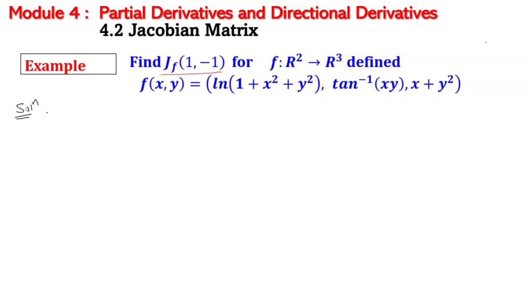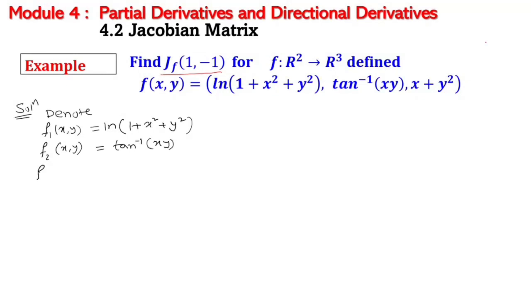Denote f1(x, y) = ln(1 + x square + y square), f2(x, y) = tan inverse(xy), and f3(x, y) = x + y square.